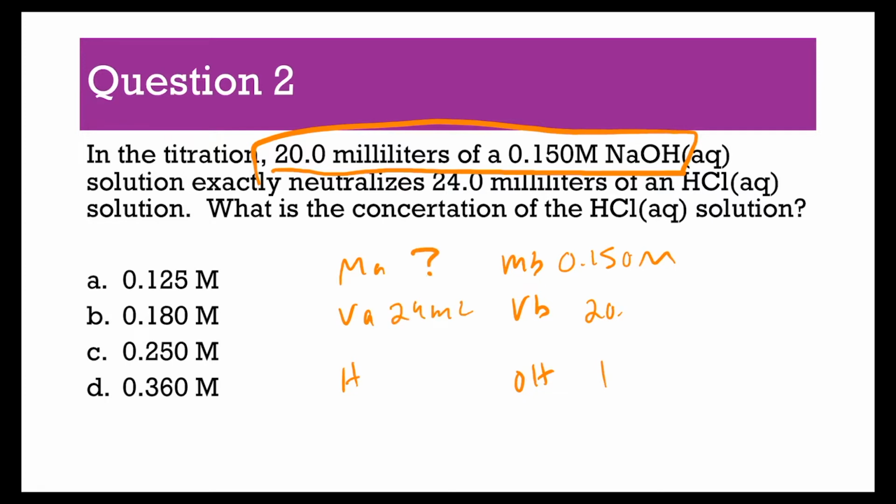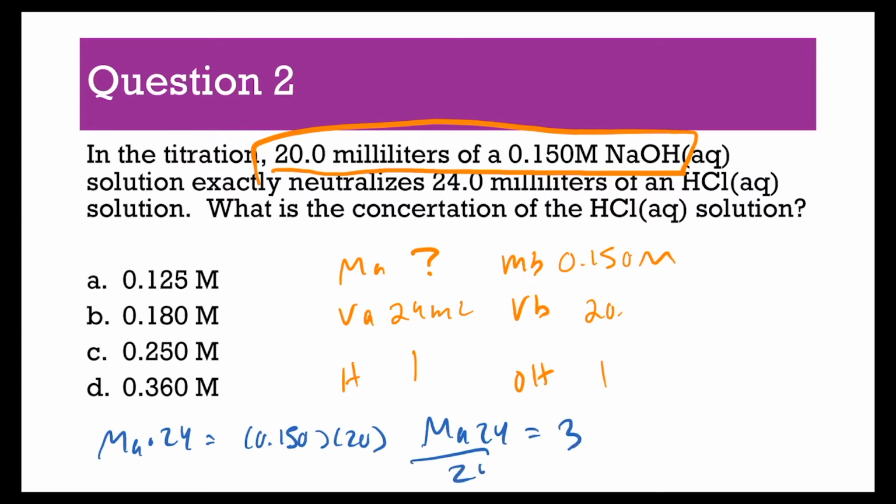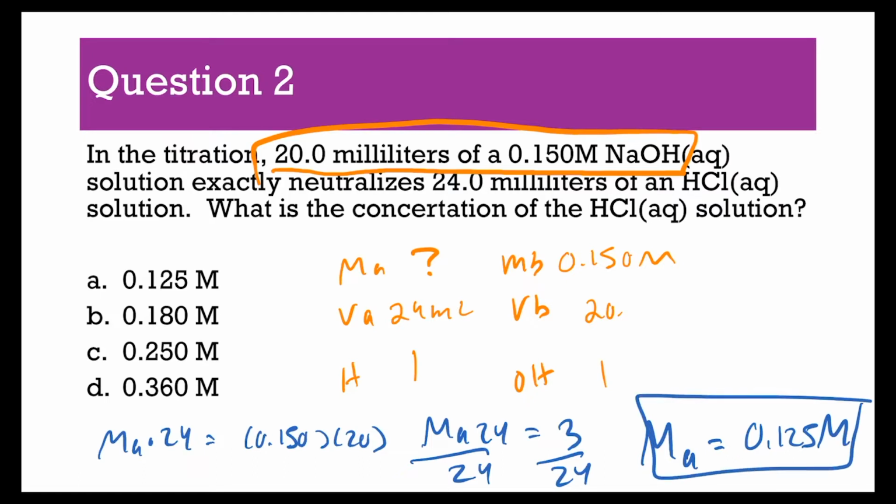We're looking for the concentration. Again, that gives off 1 H. When we plug stuff in, we get MA times 24 is 0.150 times 20. So that is the same thing as MA times 24 equals 3. To get MA by itself, divide both sides by 24. So the molarity of your acid is 0.125 molar, and that is answer choice A.